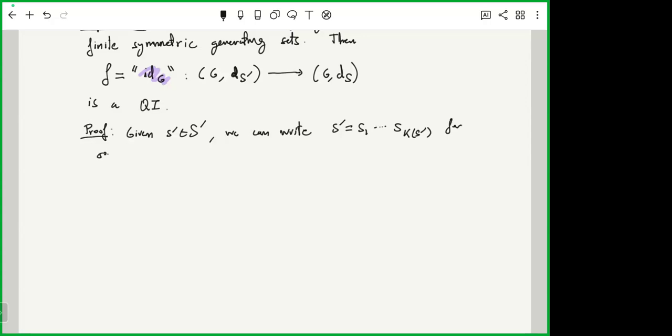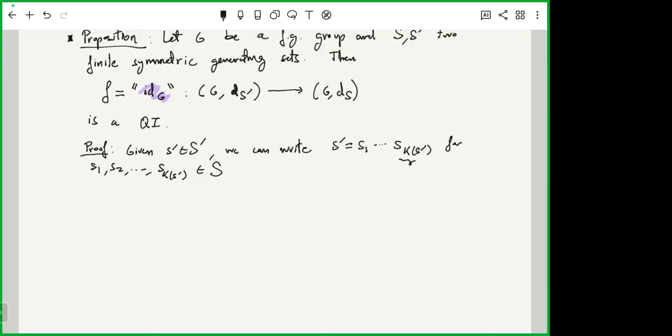For some s1, s2, ..., s_k of S. So every element of S prime, I write as a product of elements of S. Since S prime is finite, I can take the maximum of this k.